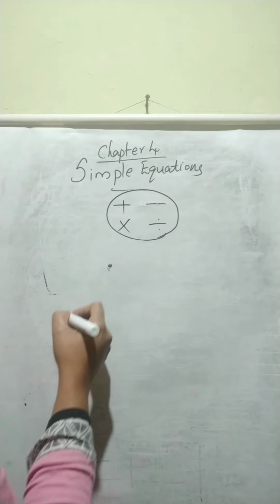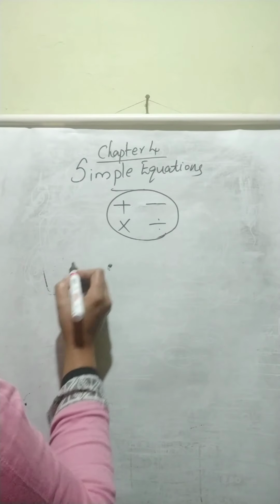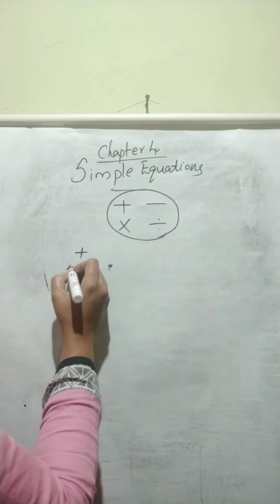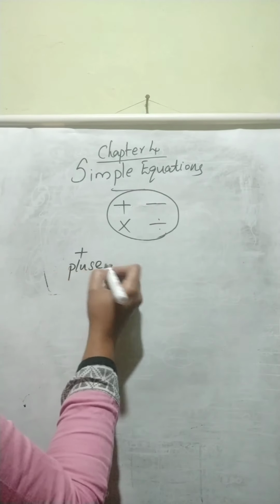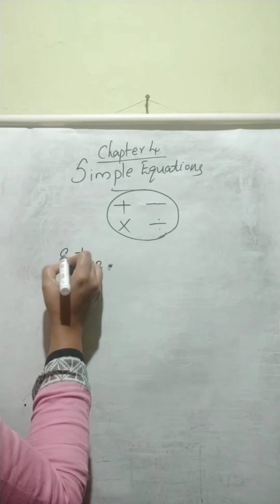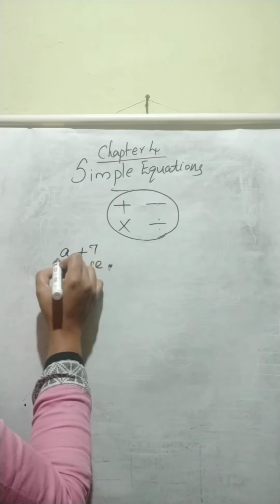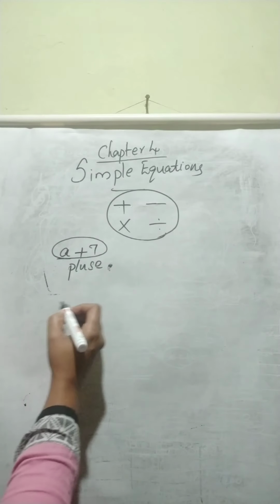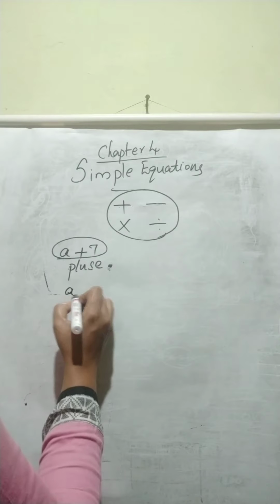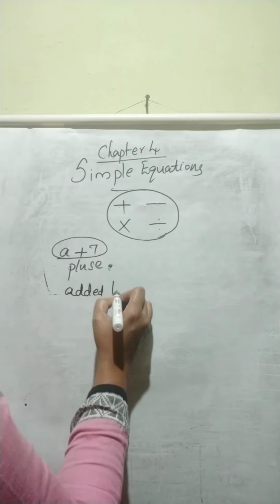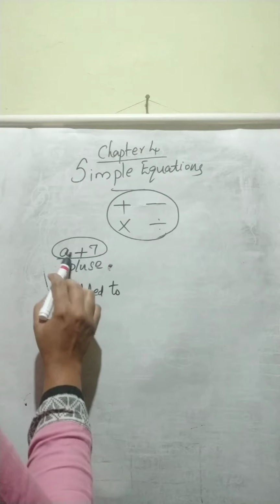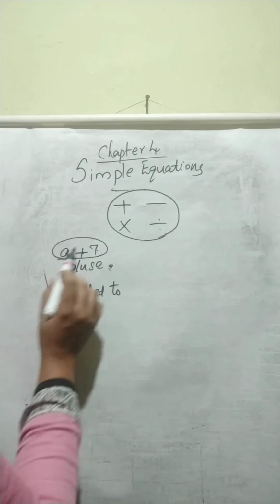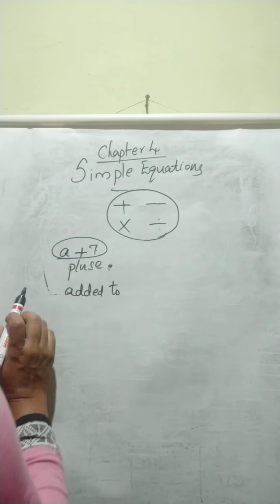These are the 4 operations. Now for addition, we can write in words, that is plus. Here a plus 7. In another way, we can say a added to 7.